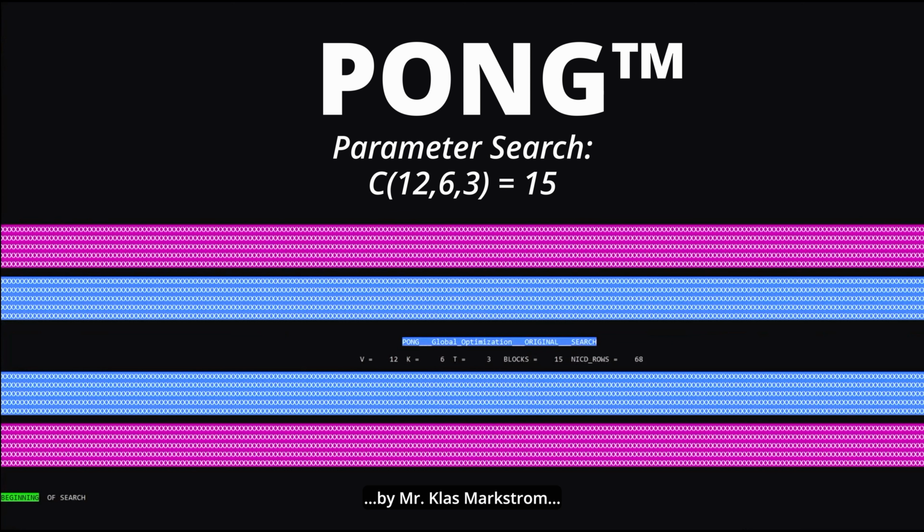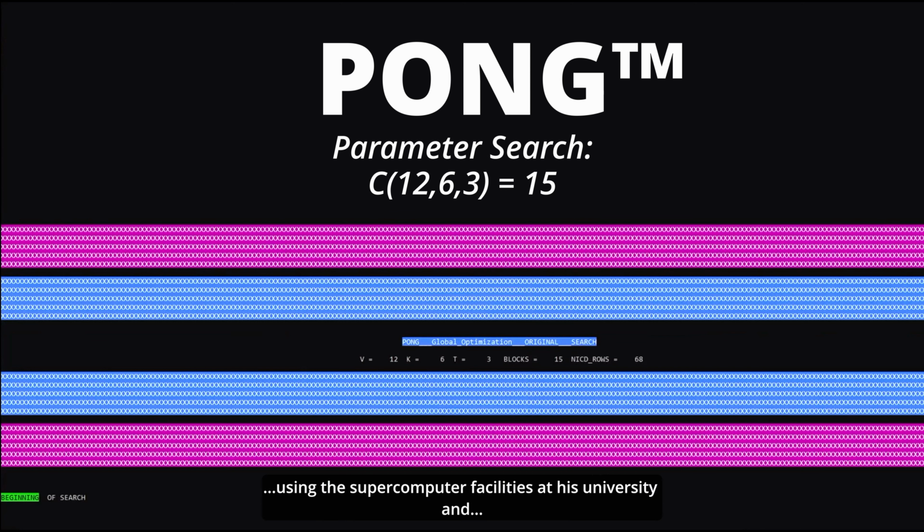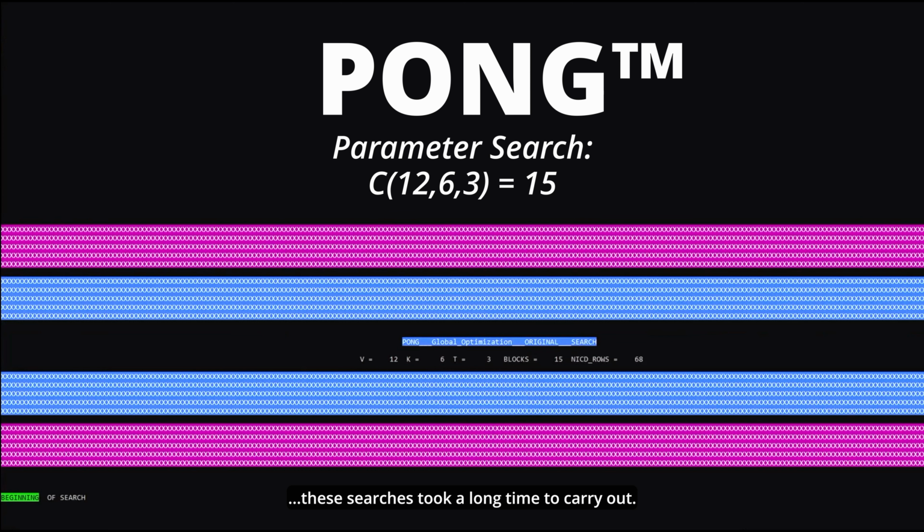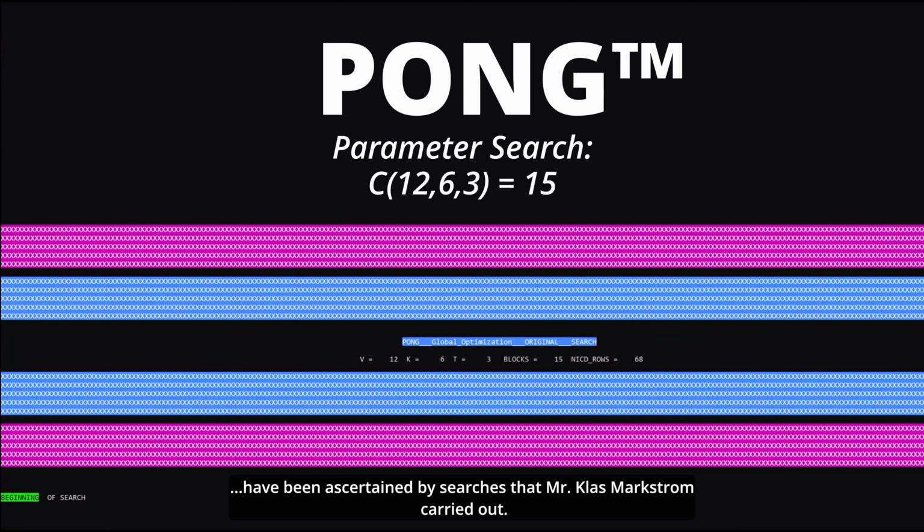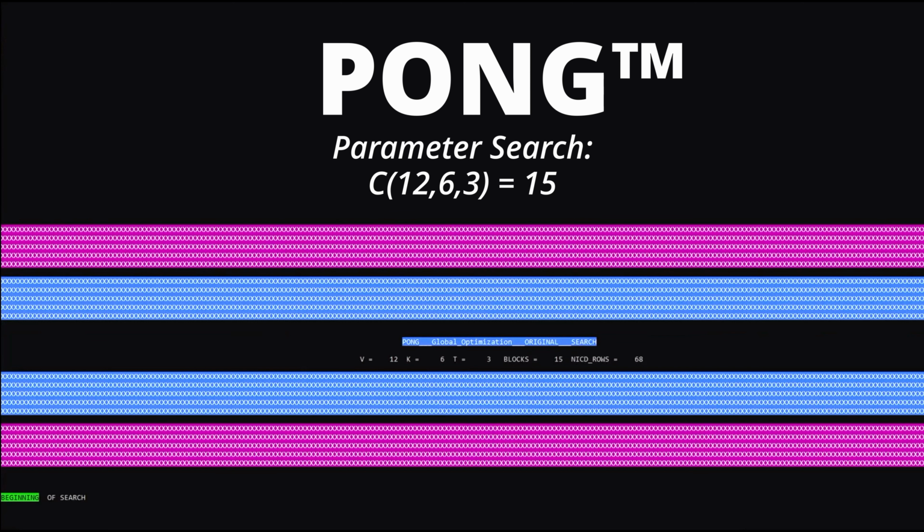Klas Markstrom, who is a professor from Sweden, and he did comprehensive searches using the supercomputer facilities at his university, and these searches took a long time to carry out. A lot of the designs, not all of them though, have been ascertained by searches that Mr. Klas Markstrom carried out.